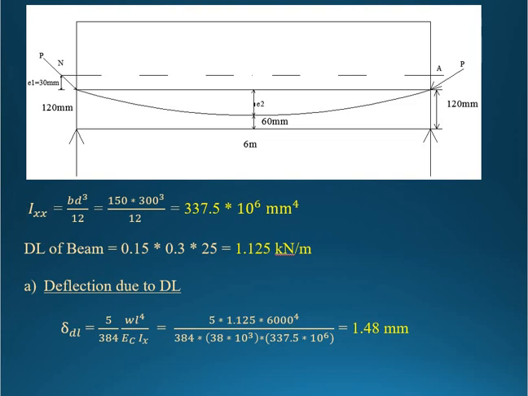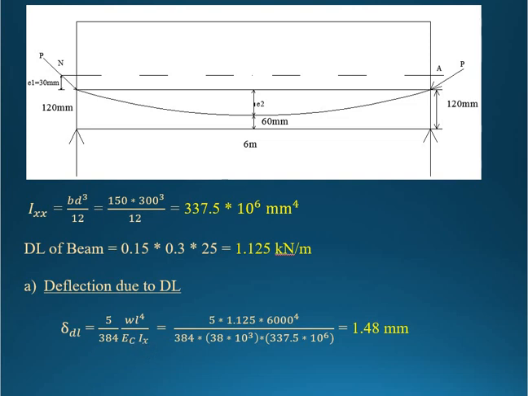Now let's start with the calculation. Why did I calculate this? We need to find the deflection due to dead load of the beam. When we are going to find the deflection due to dead load, we have a formula: delta DL equal to 5 by 384 into WL power 4 by Ec into I. Here you can clearly observe Ec is already known, it is given in the question.